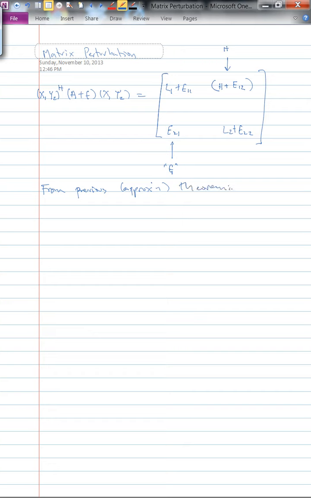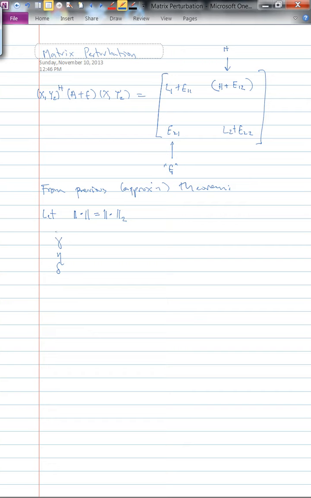So from our approximation theorem, let's let for now our consistent norm be the operator norm. Remember that the approximation theorem holds for any consistent norm, and the operator norm is an instance of that. So just to be specific, let's take that. And now let's define quantities gamma and eta and delta as we had before.